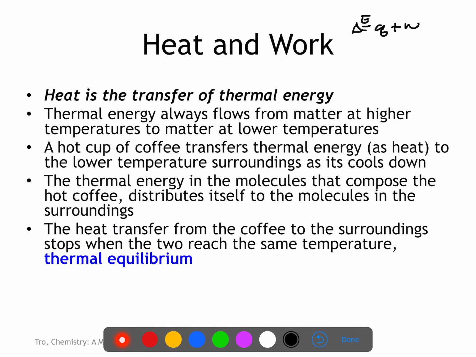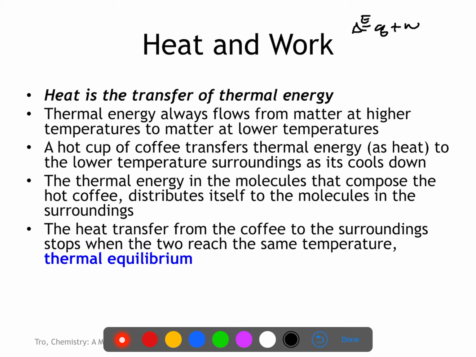So at first, the hot coffee is hotter than the surroundings, and the molecules that make up the hot coffee distribute their energy to the molecules in the surroundings. Eventually, they reach the same temperature. That's when you have something called thermal equilibrium.